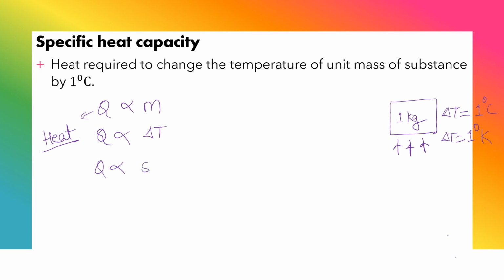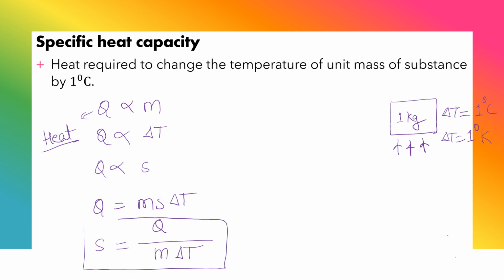So we can write here Q is equal to m S delta T, right? Now here m is the mass, S is the specific heat capacity, delta T is the change in temperature. So if you want to calculate specific heat capacity, you can write S is equal to Q by m delta T. This is the formula of specific heat capacity.